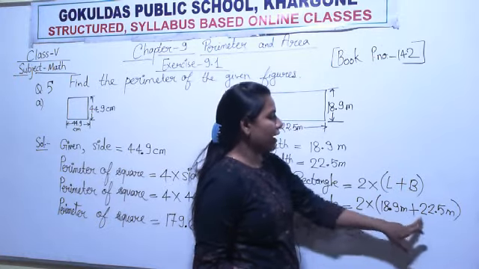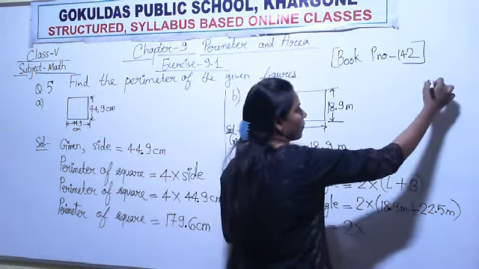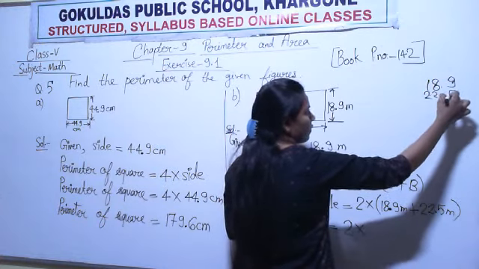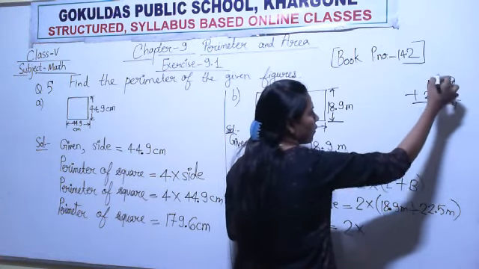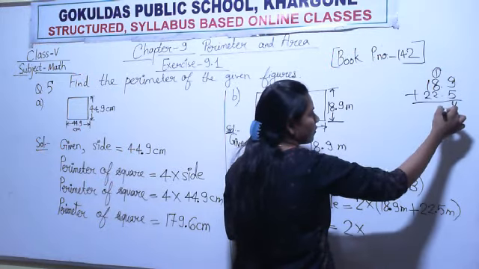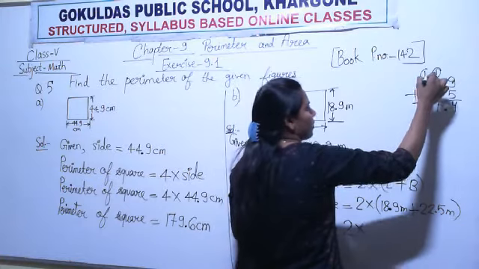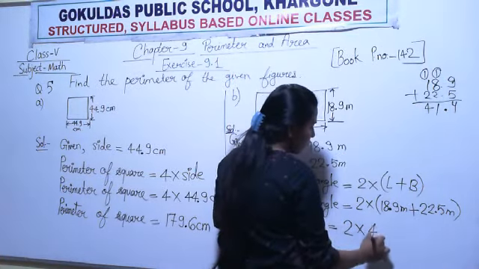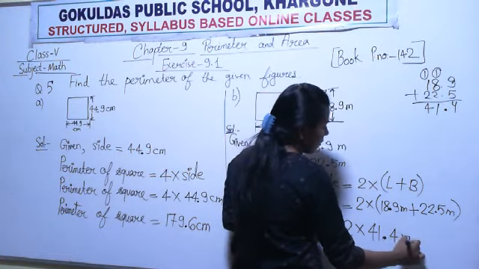So add both the numbers, arrange them column wise. In rough work we can do it, 18.9 and 22.5. Add them. 9 plus 5 is 14. 1 carry forward. 9 plus 2 is 11. Again 1 carry forward. 1 plus 1 is 2 and 2 plus 2 is 4. So 41.4 meter.